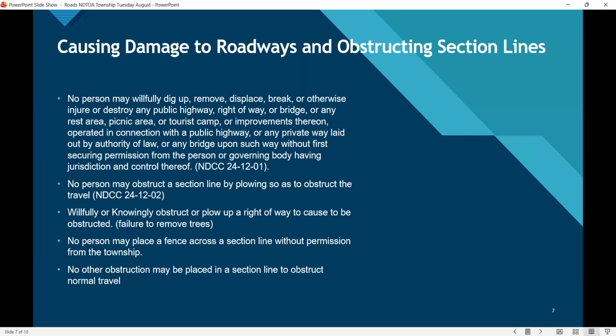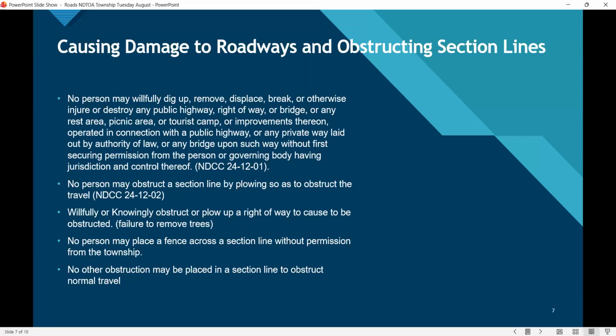There's a case that occurred down in Stutzman County, probably in about 2013, 14, and I didn't get a chance to look that case up today. But a farmer actually pushed a rock into a section line. And he had been doing it for many years, I believe, and actually during a pursuit of a hunter, a game warden struck the rock and did quite a bit of damage to a pickup.